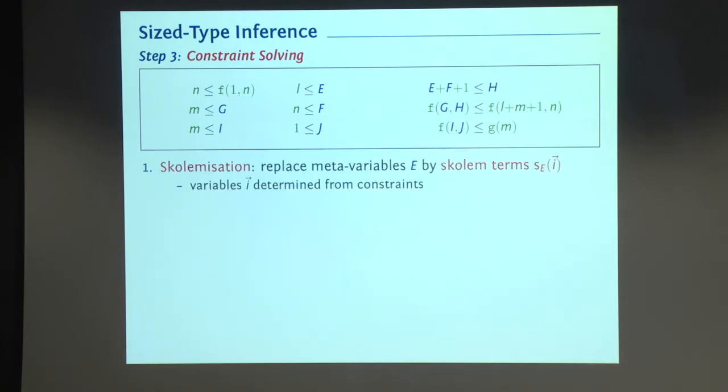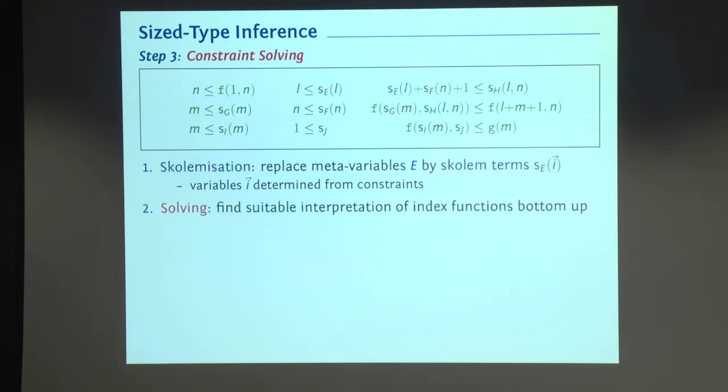Again, we proceed in 2 steps. In the first step, we get rid of the meta variables by something very close to Skolemization. So we represent each of these meta variables with a new size function and replace them by such Skolem terms. And then in the second step, we really find a solution to these size functions.